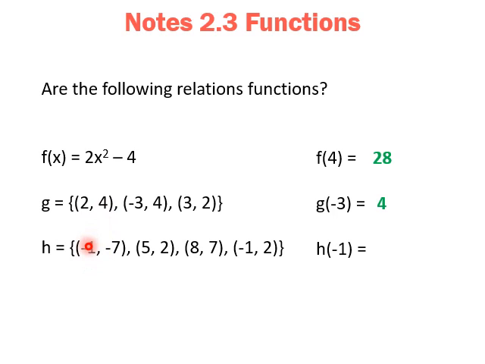Well, that's a problem because we have -1 gives us an output of -7, but it also gives us an output of 2. So this one is not a function. H is a relation, but not a function if one input cannot have 2 outputs. Essentially, we wouldn't know what to answer this question, right?